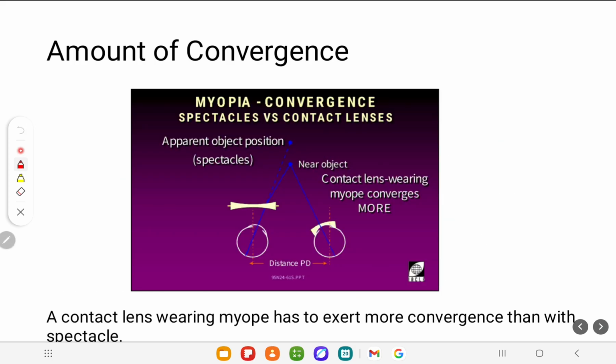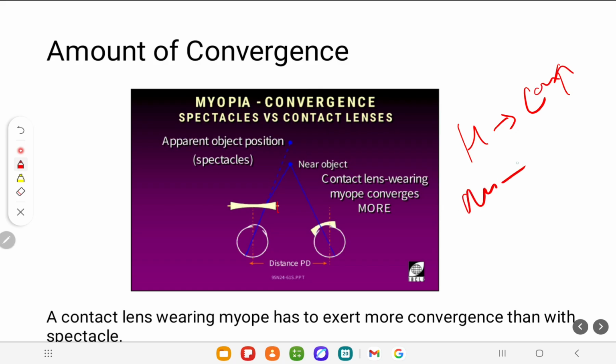So this is the picture taken from Ola Eickel. This is what I am talking about. Myopic base-in effect. In contact lens, there is no base-in or base-out effect. That's why a myopic converges more with the contact lens, and a hyperopic converges less with the contact lens as compared to spectacle, because in spectacle a hyperopic converges more, isn't it?